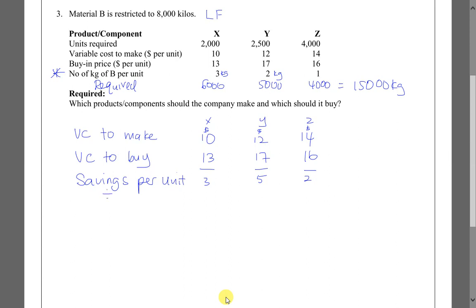Divide by limiting factor. What is my limiting factor here? Material B in kg. So for 1 unit I save $3, but I require 3 kg, 2 kg and 1 kg.